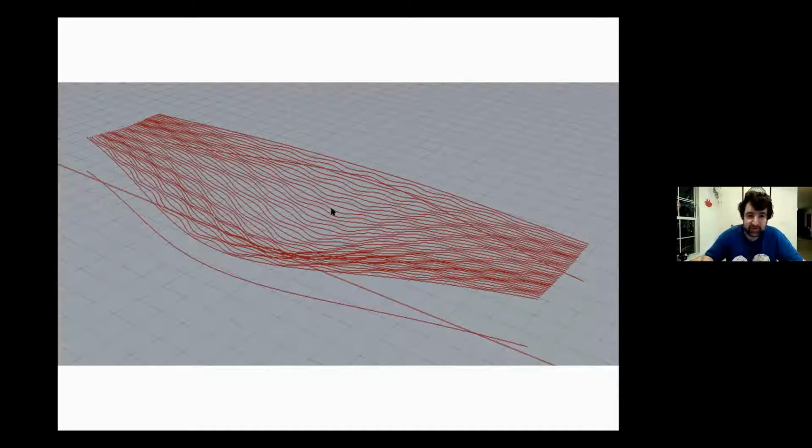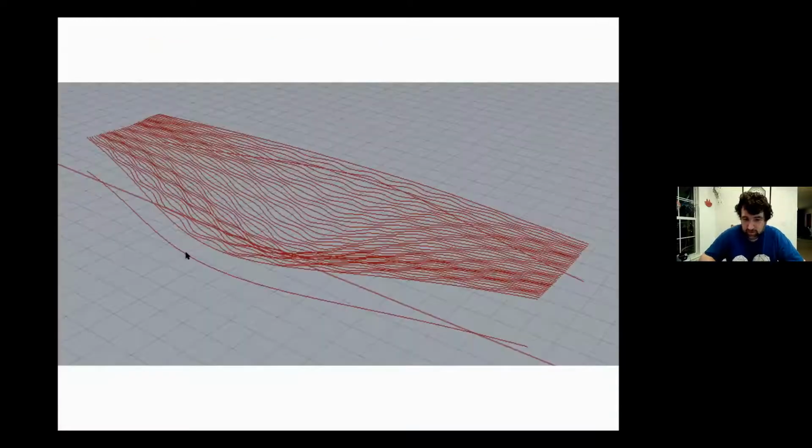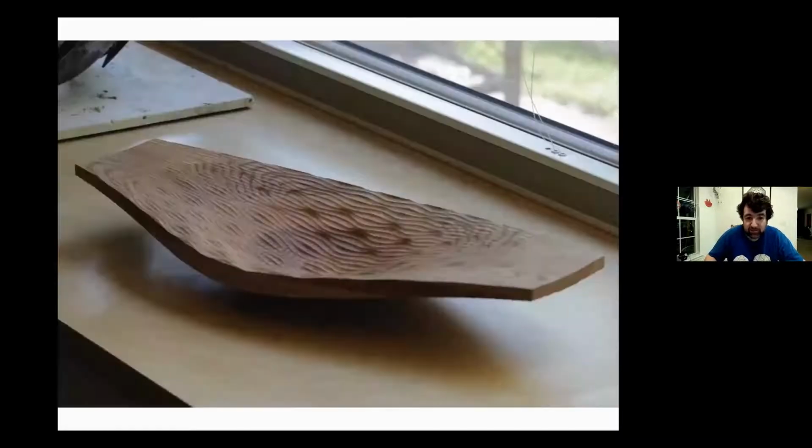Now, one thing that's interesting, there's actually an interesting difference between the surface you get by connecting the curves here and the surface that you actually see in this bowl. And you can sort of see that the surface moves in and out. There's a sort of corrugation to the surface in the actual bowl that's not present in the lines as they're drawn. That comes from the fact that you're not moving an infinitely thin bit through the wood.